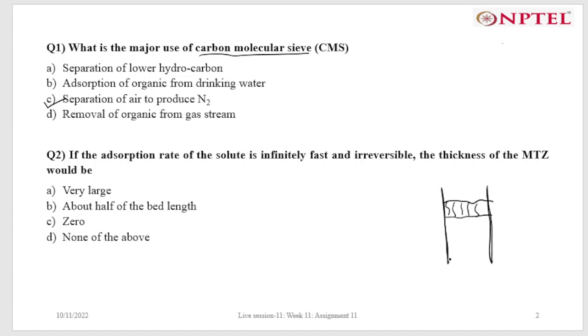You can also say adsorption zone. When the adsorption rate of solute is infinitely fast and irreversible, the thickness of the MTZ would be 0. So this zone will be diminished if the adsorption rate of solute is infinitely fast. All of you getting this one? Yes, sir.